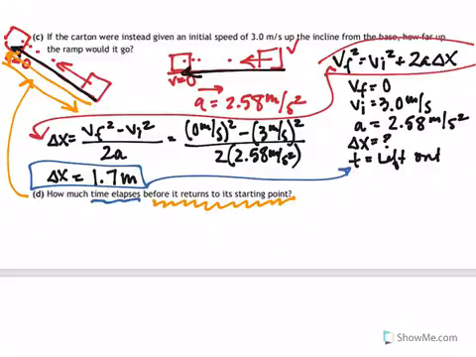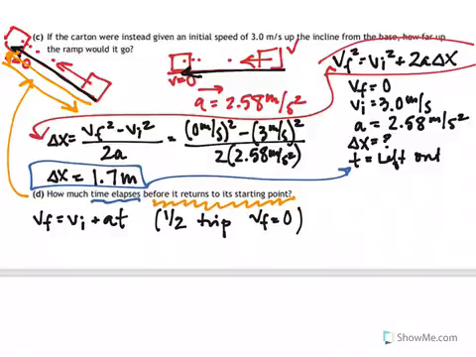So there's more than one way that you could solve this problem. I'm going to do the easiest one from my perspective, which is to use the equation final velocity equals initial velocity plus acceleration times time. I'm going to leave out the distance. I'm going to find the time for it to reach 0 meters per second, which is a half trip when that final velocity equals 0. And then I can take my answer times 2.